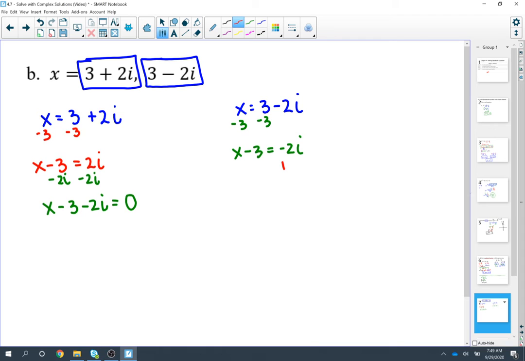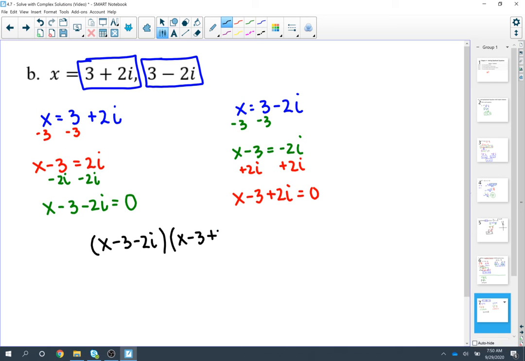Then we're going to add 2i. So x minus 3 plus 2i equals 0. Then we're going to put those in their factors. So the first one over here in green, we have x minus 3 minus 2i. And then the second one over here in red, x minus 3 plus 2i.